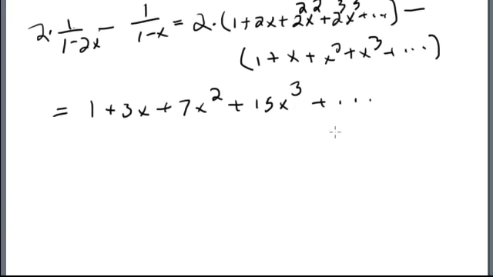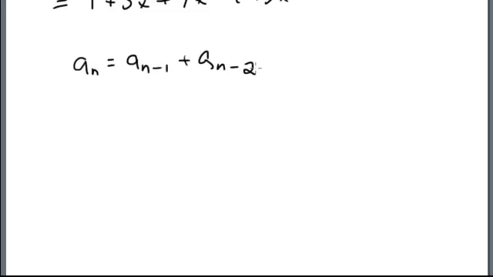Okay, with that said, I'm going to go back and look at that recurrence. I said we want to use generating functions to help us solve recurrence relations. In particular, we looked at this one, a_n = a_{n-1} + a_{n-2}, with a0 equal to 0 and a1 equal to 1.